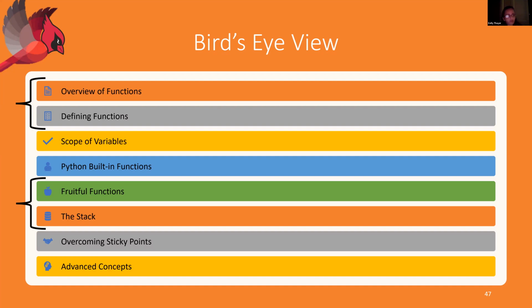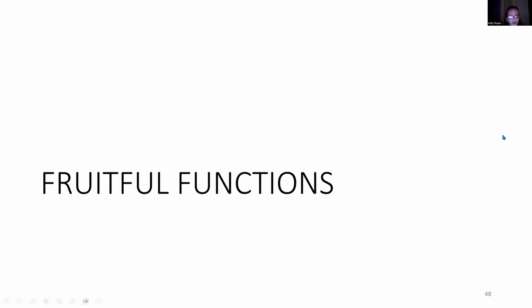We'll continue this week to talk about overcoming some sticky points, which will be a bit of a review, but we're going to revisit some of those things that tend to be problematic working with functions and perhaps emphasize things a little bit differently. And then finally wrap things up with taking a look at some of the advanced concepts at the third lecture this week.